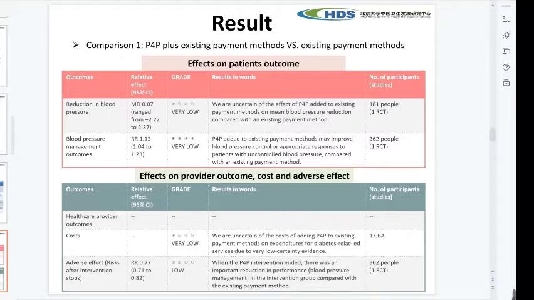It's reminding the purchaser or the insurer that once the P4P intervention started, there is a risk of a reduction or stop in the effect of the incentives after the intervention stopped.